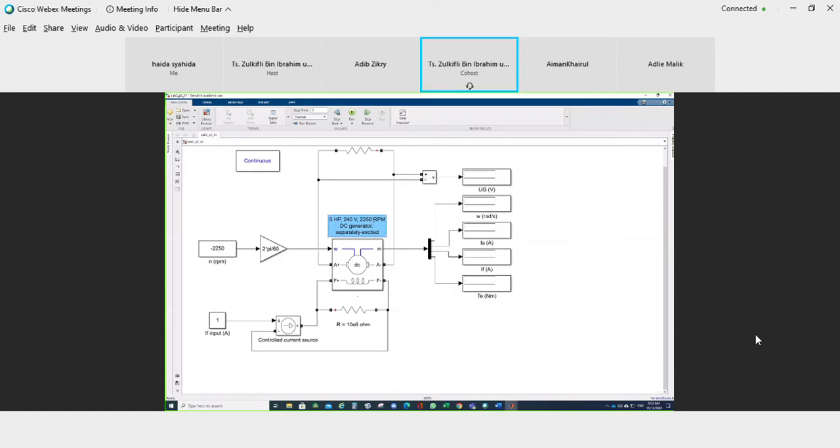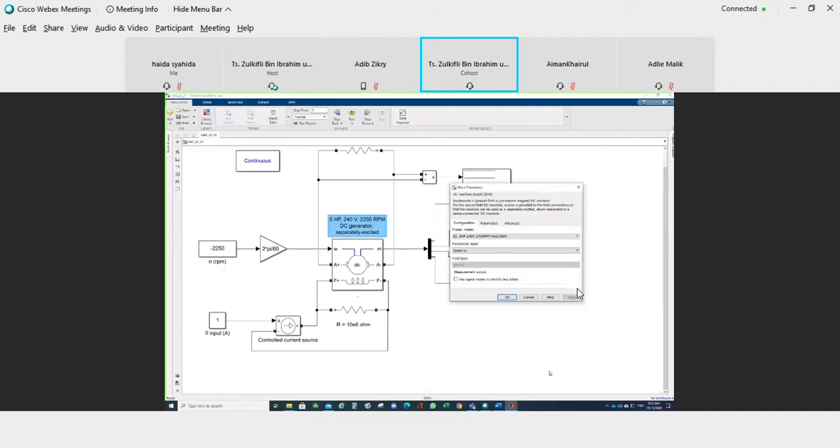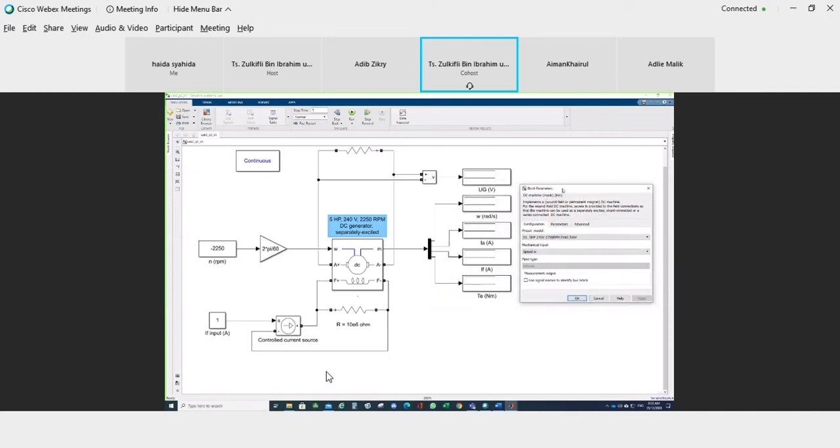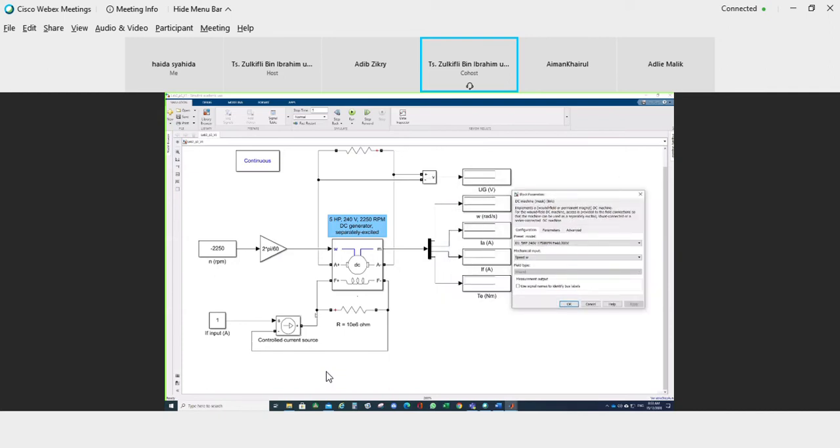220. 2250. Saya ubah sebab untuk dapatkan yang graf dekat bawah. So basically this one, tapi saya ubah kepada 2250. So apa yang mengubah dia adalah mechanical. So saya ubah dia punya dekat sini surface.